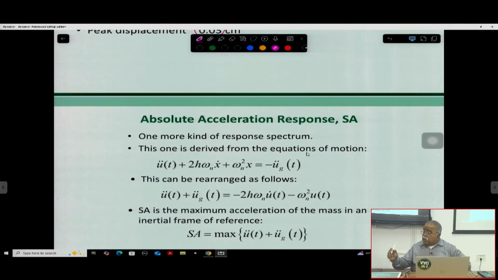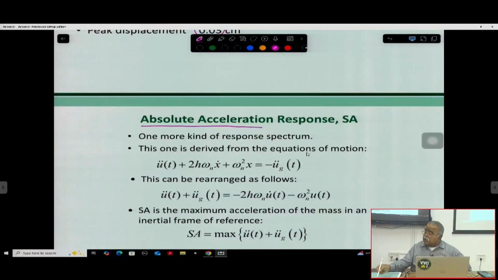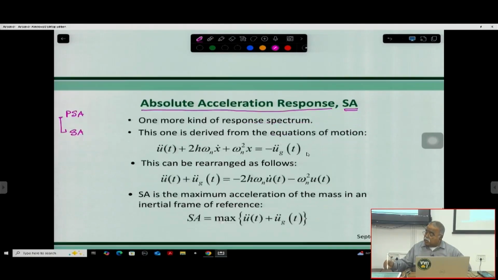We also need to understand that there is another response, called the absolute acceleration response, which we call SA. SA and PSA have a difference, and we need to recognize that difference.